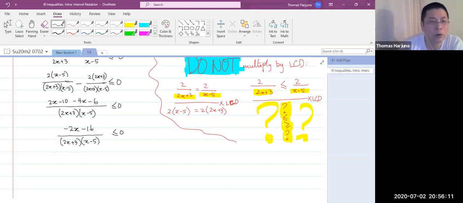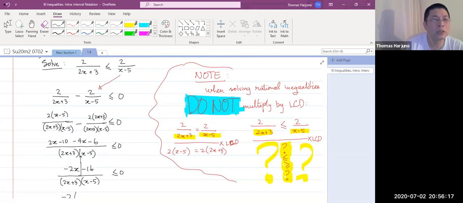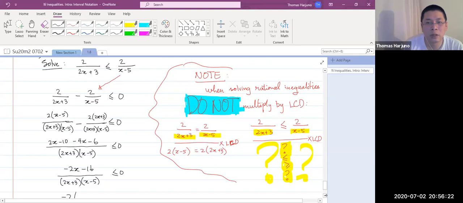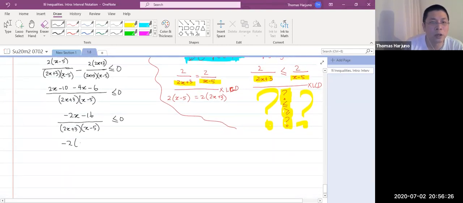Okay, and it's already factored now. You can actually factor it further if you like. This is negative 2 times x plus 8 over 2x plus 3 times x minus 5, less than or equal to 0.